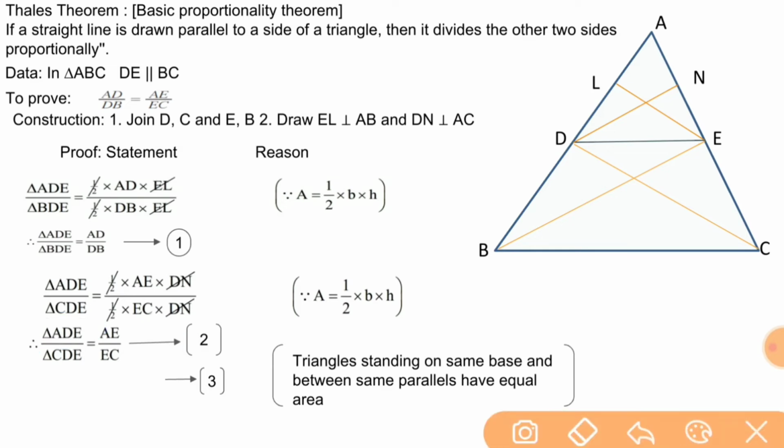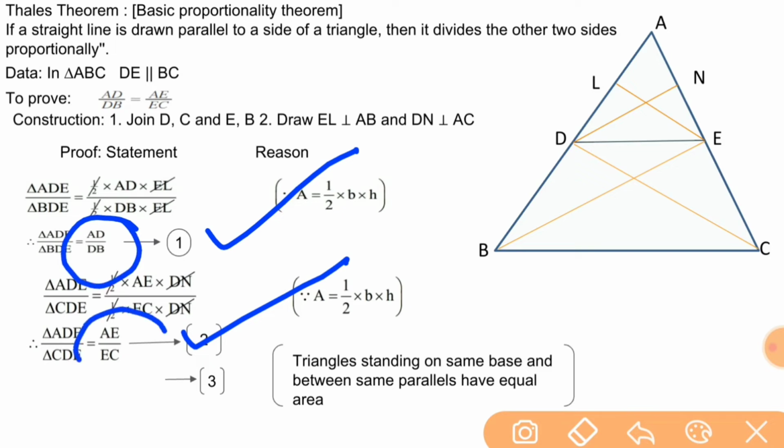I am going to call it equation number 2. Now when you observe equations 1 and 2, you can see that almost what I needed is there on the right hand side. What is that? AD by BD is equal to AE by CE. We are almost at the end of the theorem.